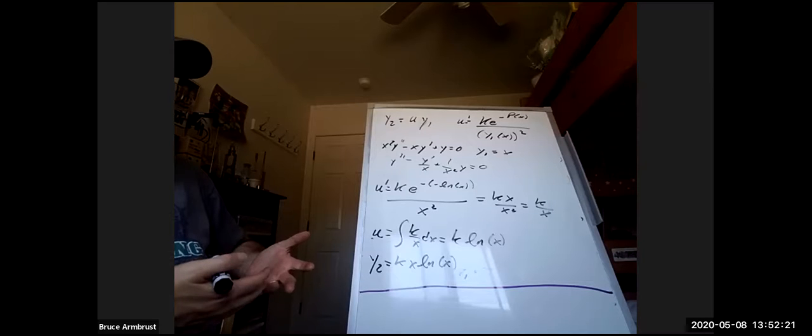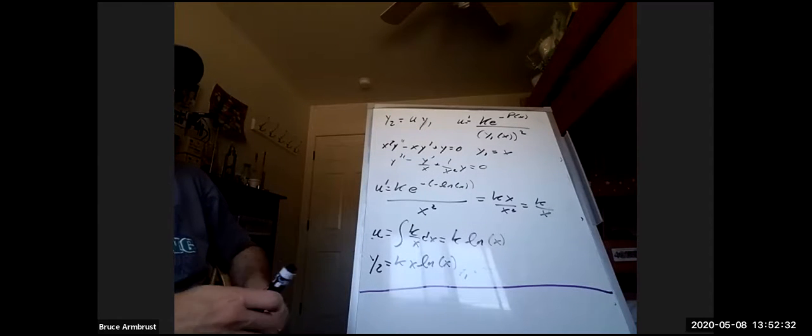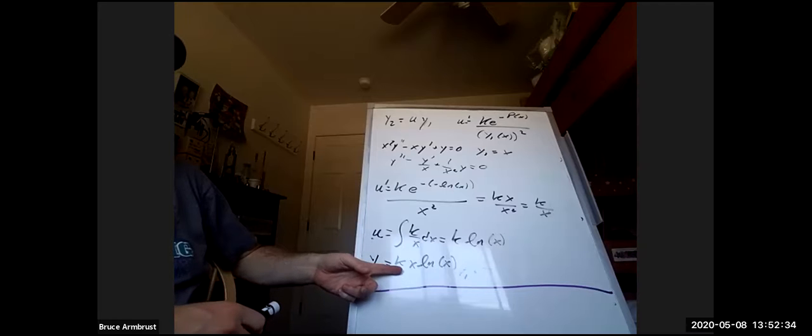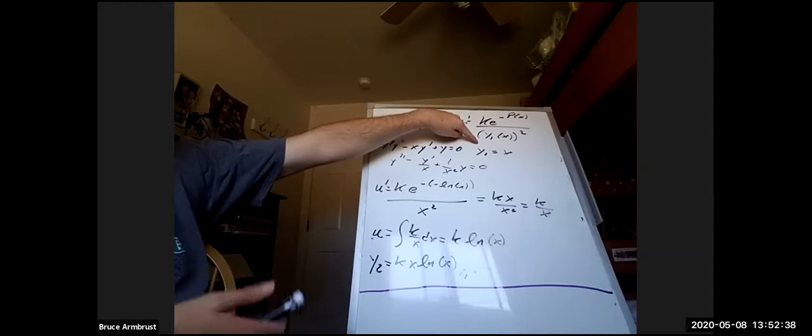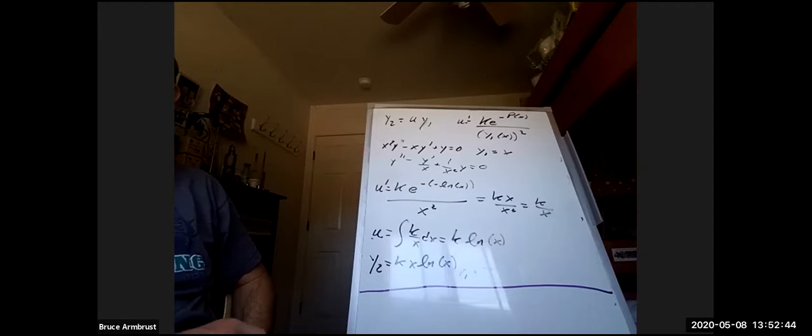You can confirm that this works if you differentiate it to get its second derivative and put it into the original differential equation. You should get 0. But this is clearly linearly independent of x because they're not multiples of each other. So those two will form our fundamental set.